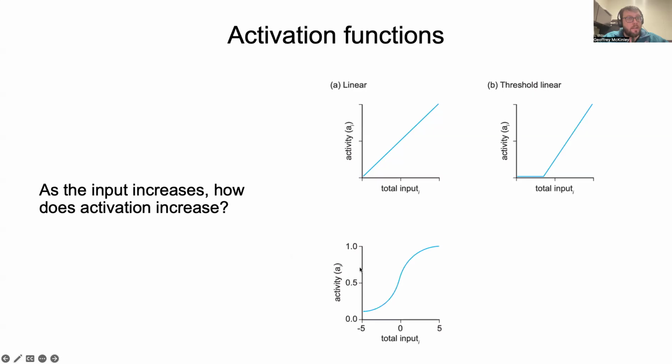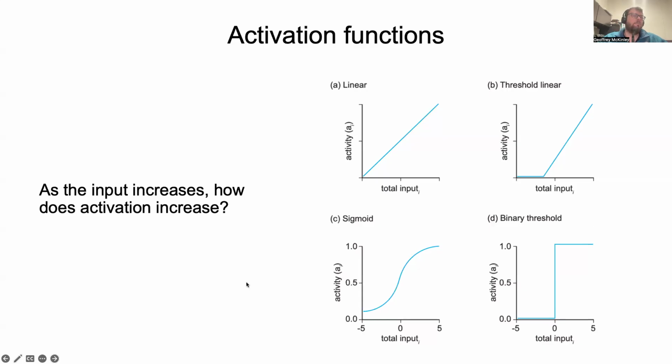We also have a sigmoidal activation. But the one that we used before was called the binary threshold, where t was the threshold. Don't do anything if t is less than zero, but once t hits zero or goes above zero, then fire.